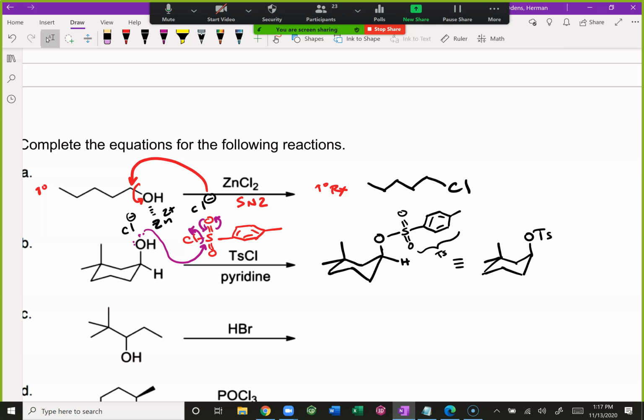All right. What do we have on the next example? What type of reaction is that? You have a secondary alcohol and you add acid to it. But this is not a dehydrating agent. This is not a sulfuric or phosphoric acid.